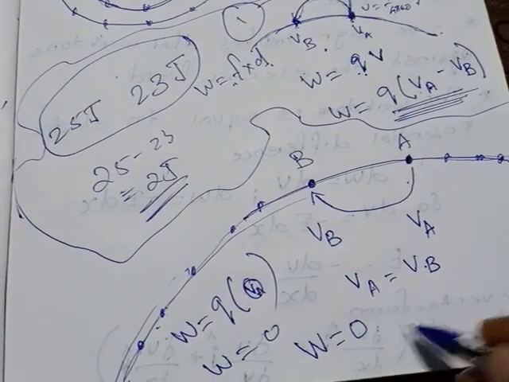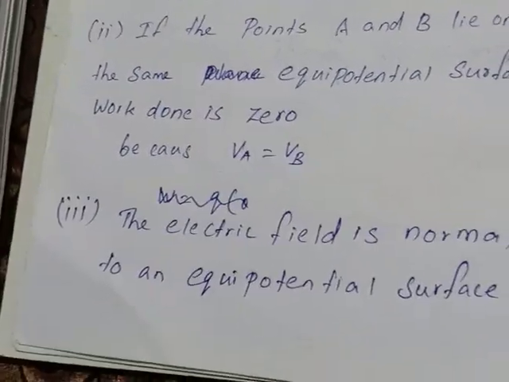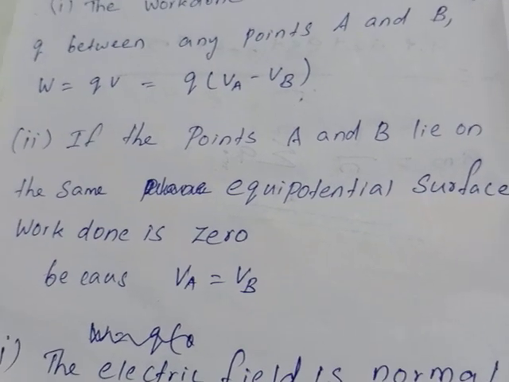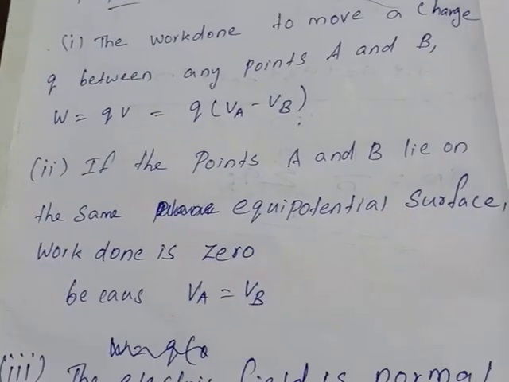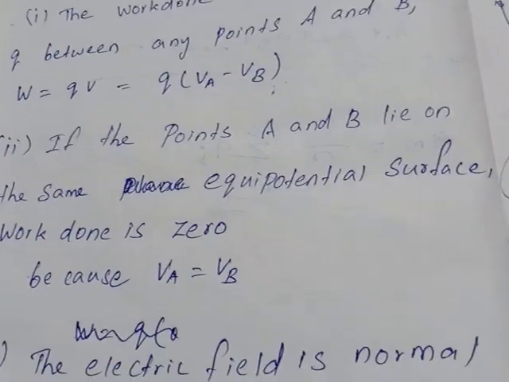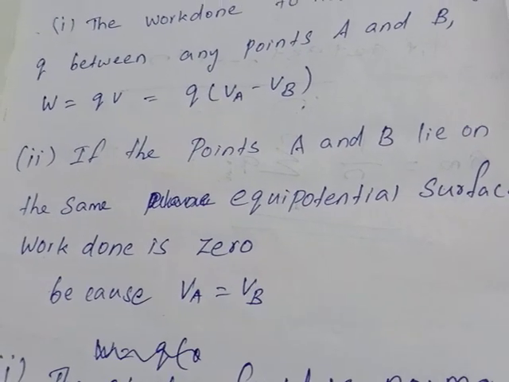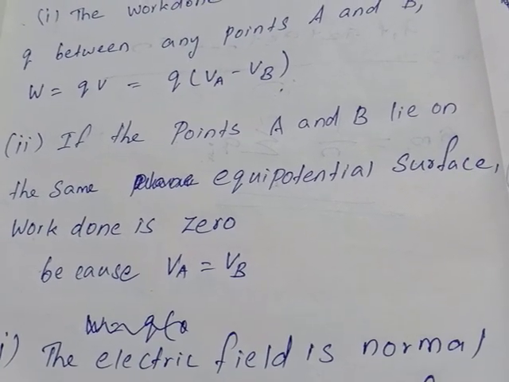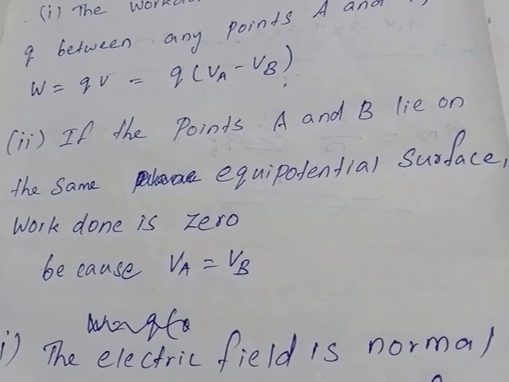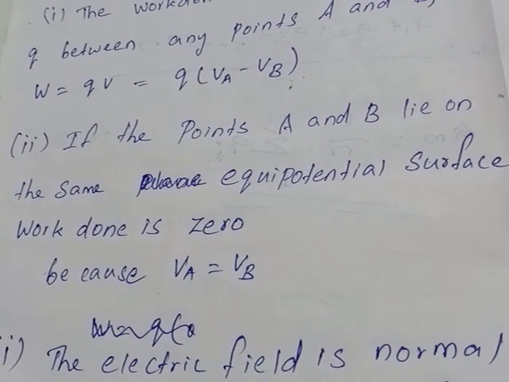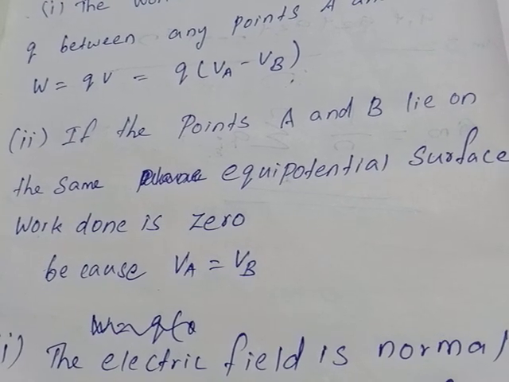So the work done is also 0. W is equal to Q into (VA minus VB), and VA equal to VB means both are the same, so 0 will come and the work done is 0. That is the second property. If the points A and B lie on the same equipotential surface, work done is 0. What is the reason? Because VA is equal to VB.